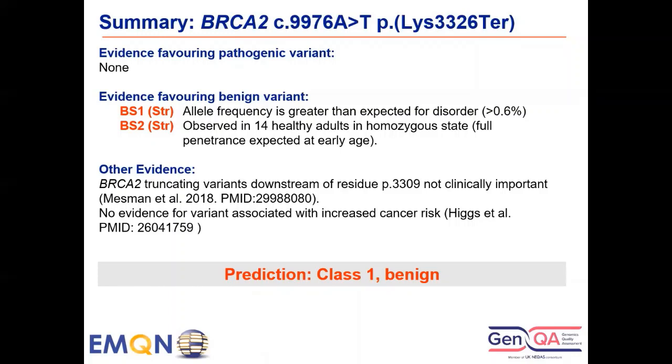The other evidence that was selected was that BRCA2 truncating variants downstream of the residue p.3309 in BRCA2 are not clinically important, and this was demonstrated in a paper by Mesman in 2018.